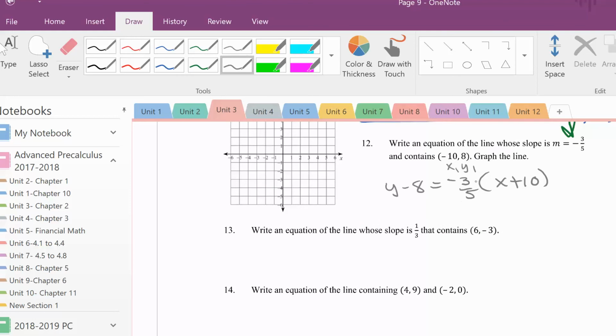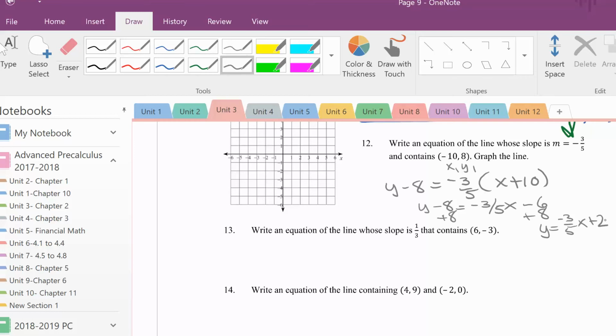So then if you distribute, -3/5 times 10 is -6, and then you add 8, so it's y equals -3/5 x plus 2.